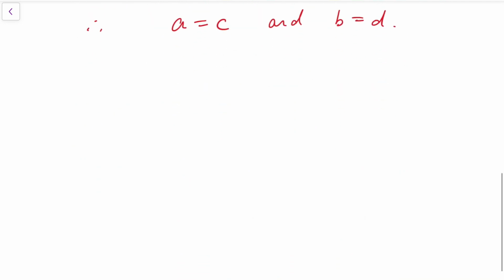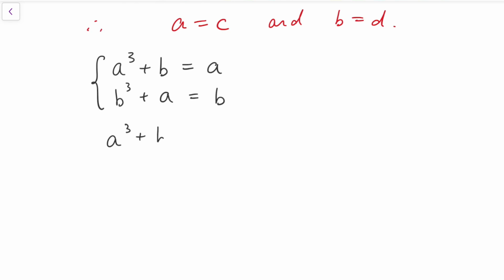So it just remains to solve a cubed plus b equals a, and b cubed plus a equals b. If we add the two equations, we can quickly see that, again, the sum of cubes has to be 0, but this time we only have two unknowns. So that means a cubed equals minus b cubed, and we have a equals minus b.